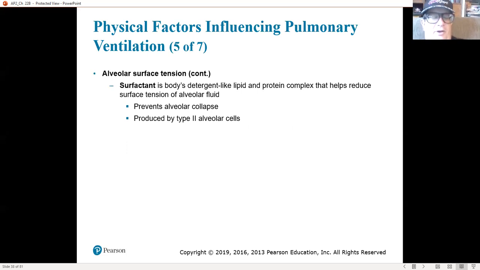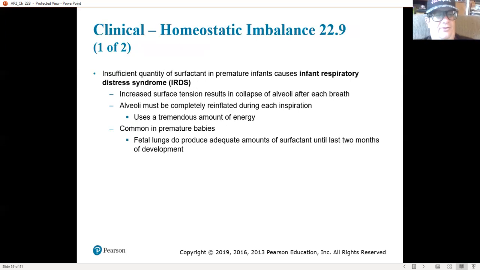Anyway, your body's surfactant is a detergent like mix of lipids and proteins that will reduce the surface tension in the alveoli. This will keep the alveoli from collapsing, and this surfactant is made by the type 2 cells. You need to know that. Surfactant made by the type 2 alveolar cells.